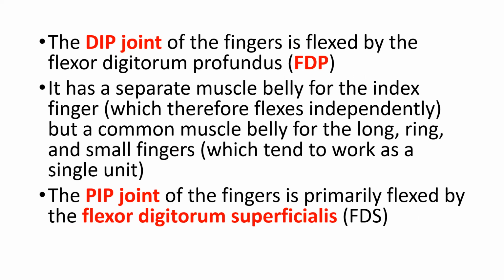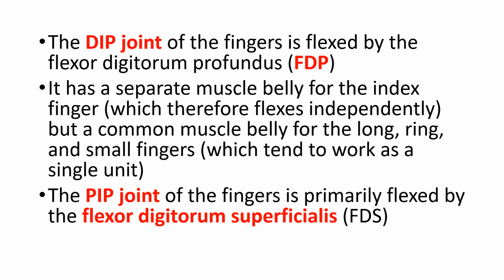The DIP joints of the fingers are flexed by the flexor digitorum profundus. It has a separate muscle belly for the index finger, which therefore flexes independently, but a common muscle belly for the long, ring, and small fingers, which tend to work as a single unit.